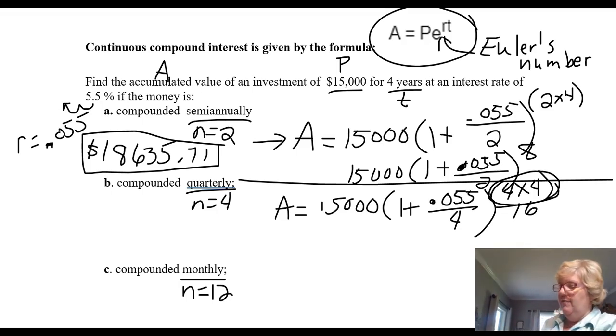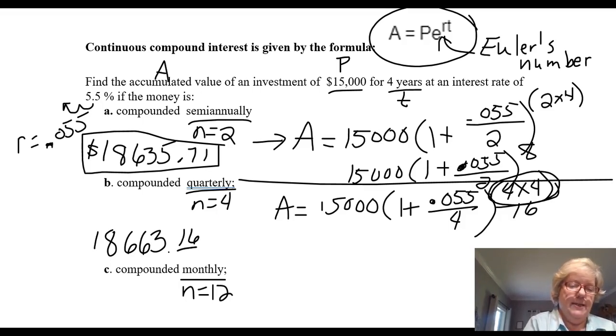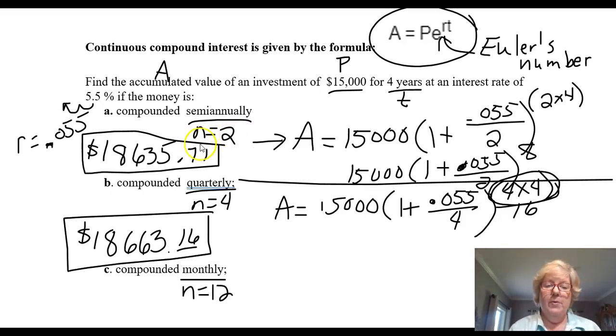So I will put that in, 15,000, open parentheses, 1 plus decimal 0.055, divided by, gives me the fraction bar, 4, close parentheses, exponent 16, equals. This time I get $18,663.16. Notice that it's a little bit more interest that's earned than before. Remember, the more often you compound your interest, the more interest is made.